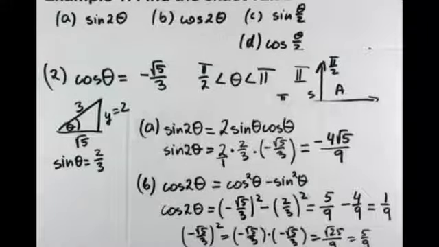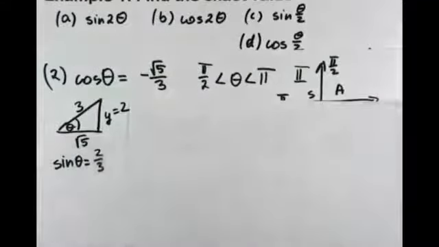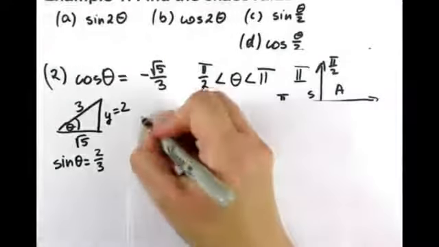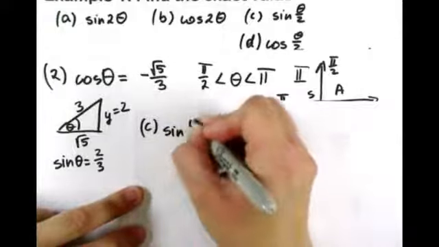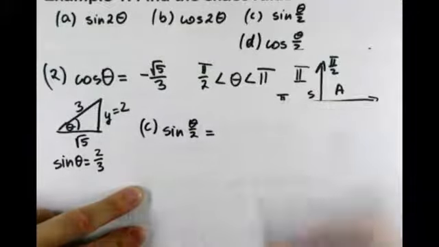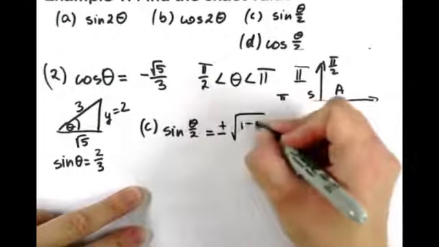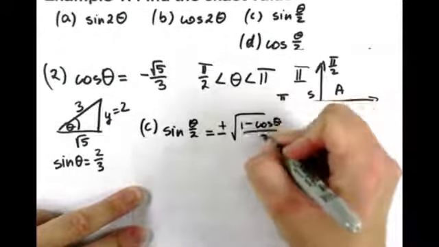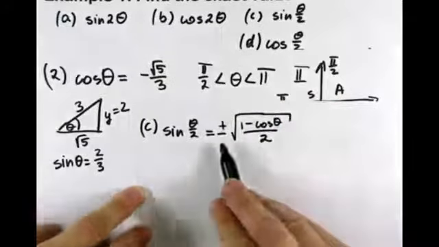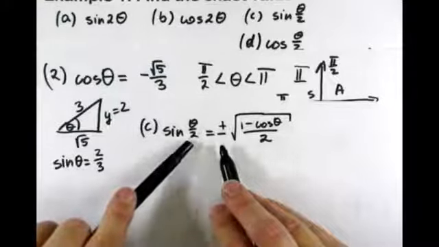Okay, now we would like to find c, sine theta over 2. So for c, I'm using the sine theta over 2 formula. Sine theta over 2 is plus or minus square root of 1 minus cos theta over 2. The plus or minus we are choosing according to what quadrant my half theta is in.